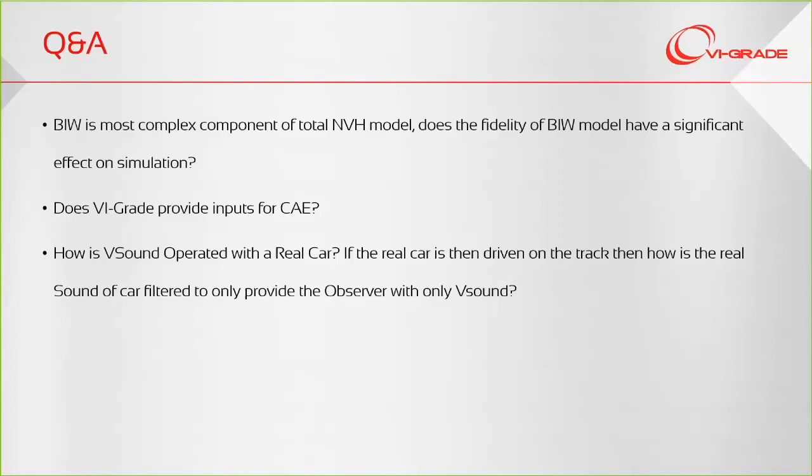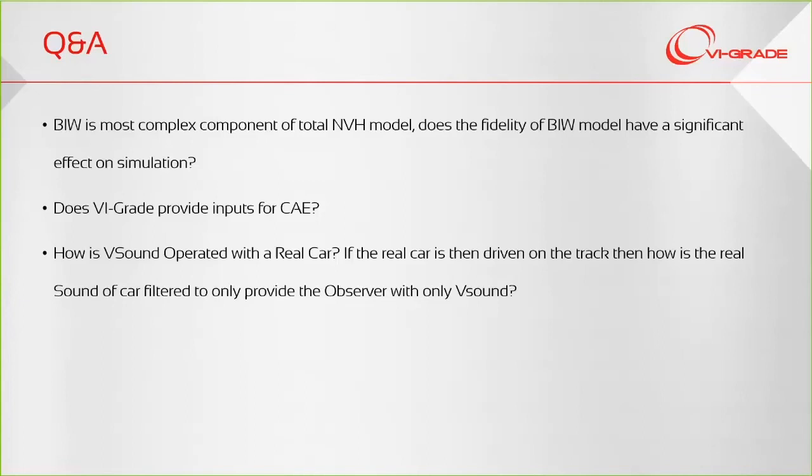Essentially, the car becomes your wheel and pedals that you would have on your desktop system, right? Instead of having a controller, you're using the car as a controller, and then Vsound is doing the same thing as on the desktop simulator, generating the sound in real time based on whatever the car is doing.